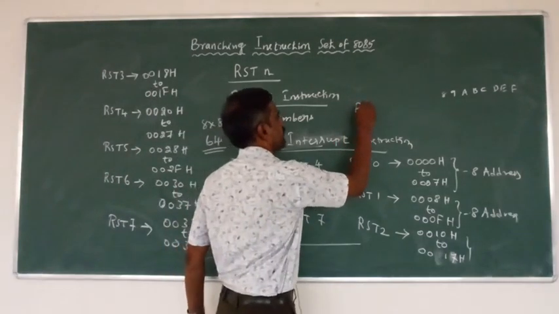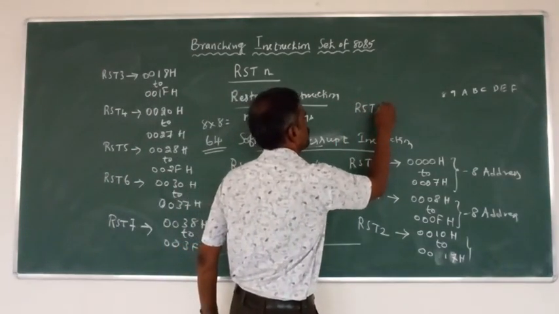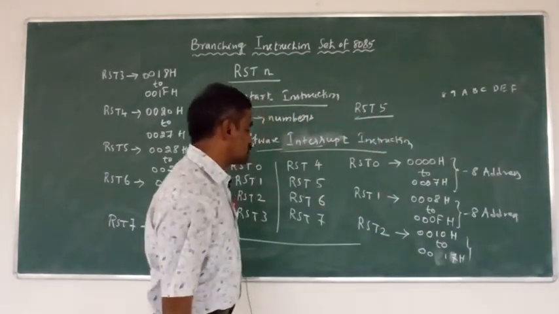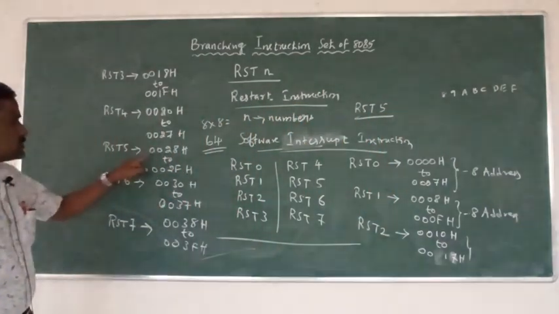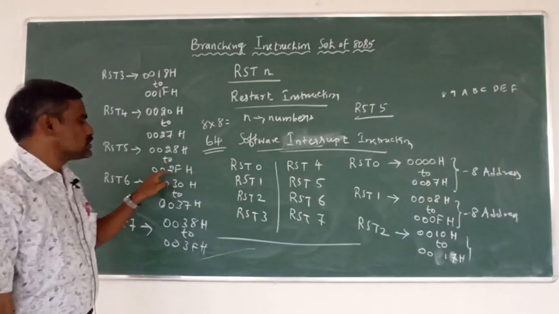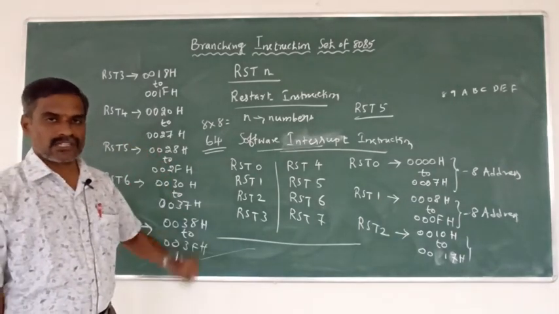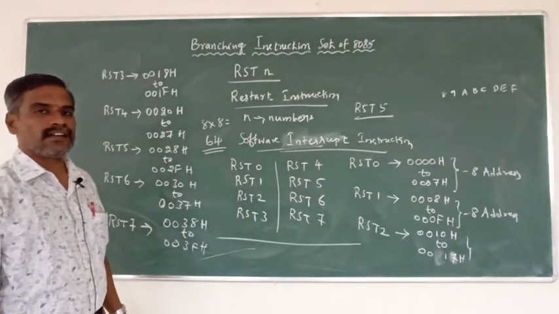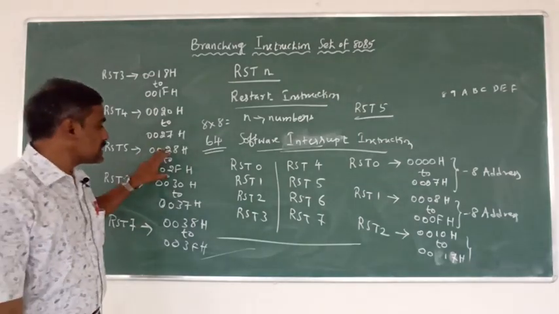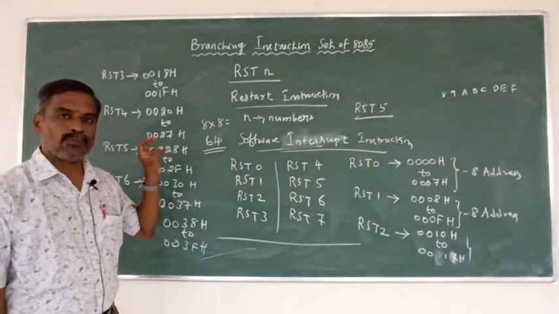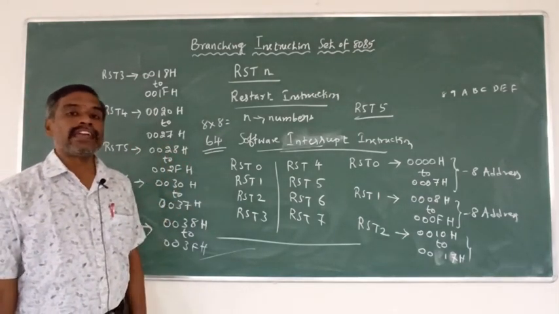Suppose RST5, it will execute the data at memory address locations 0028 to 002F. This is a fixed memory address location. In this address location, the program will be executed.